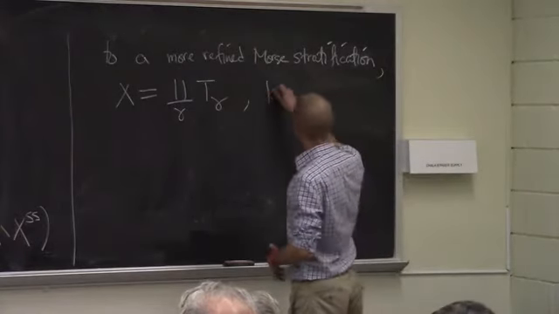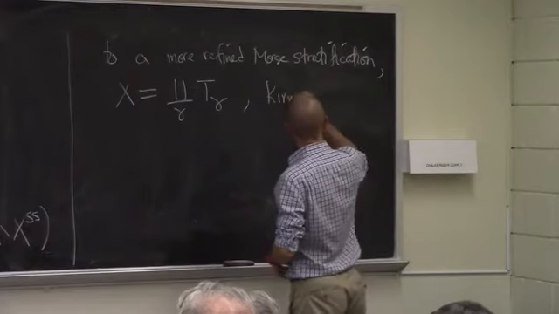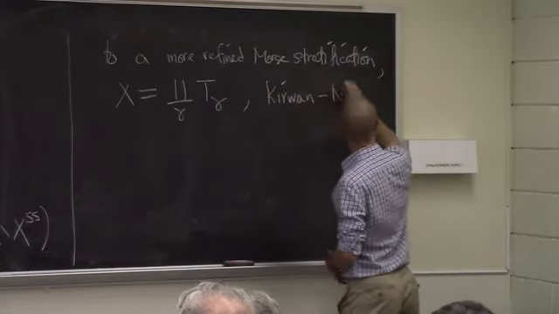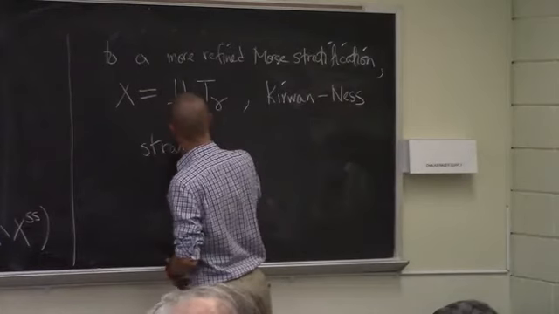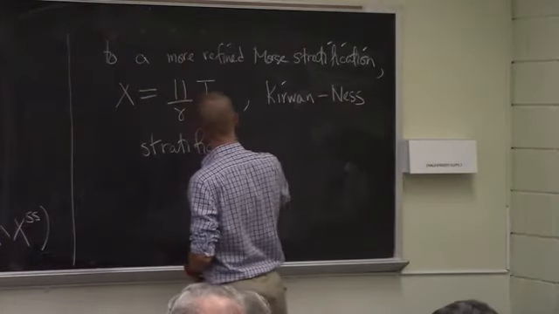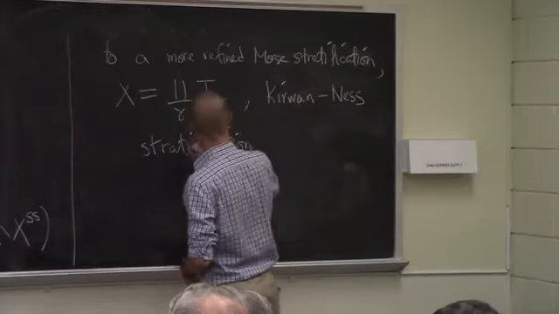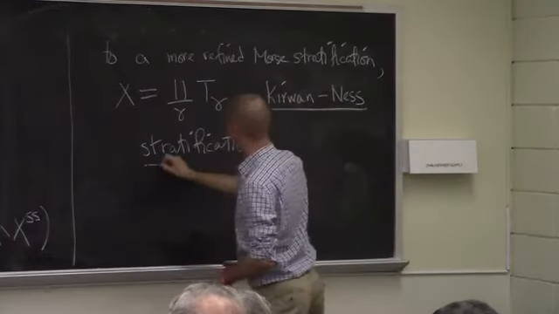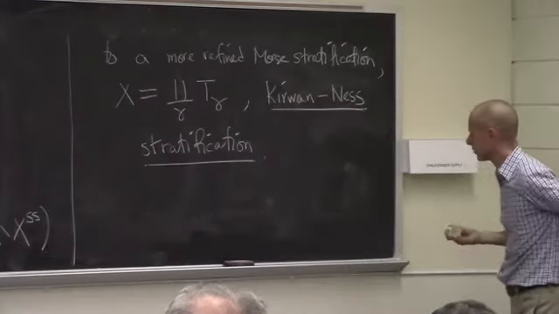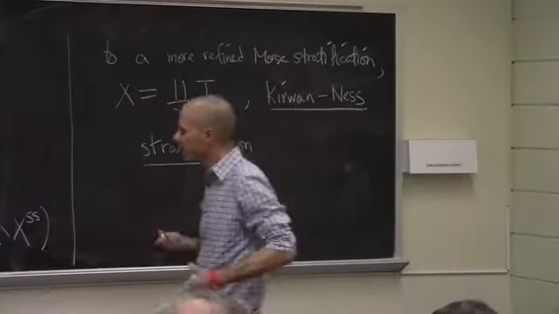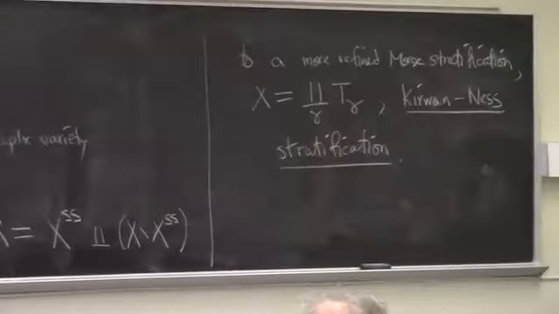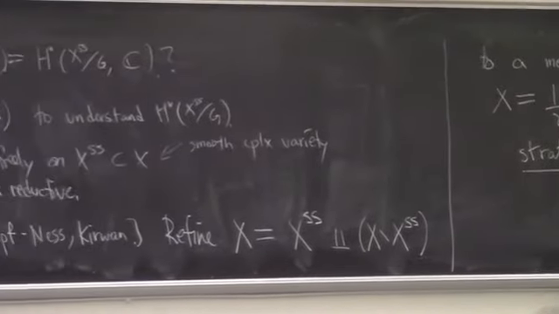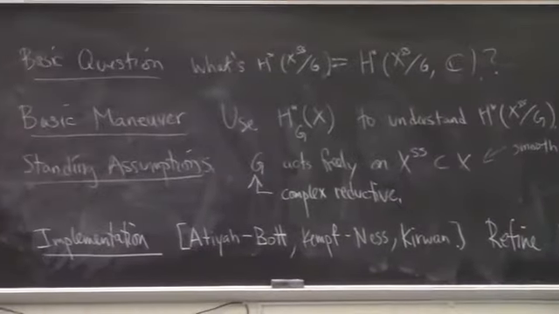There's a purely algebro-geometric approach as well, and that's where I'm going to name the thing according to that and call it a Kirwan-Ness stratification. This is precedented in the literature. It's not completely universal terminology, but there's a lot of history to the construction of such stratifications in algebraic geometry.